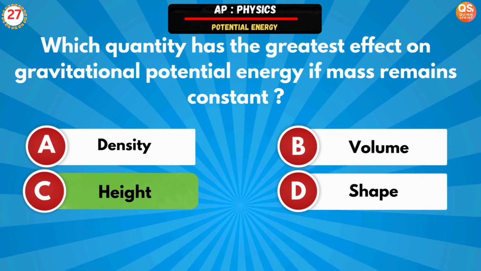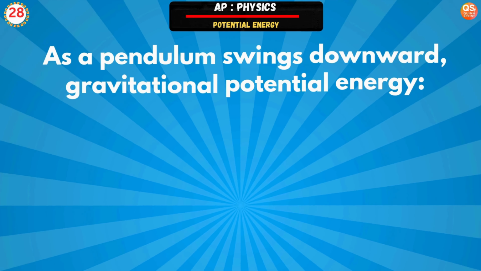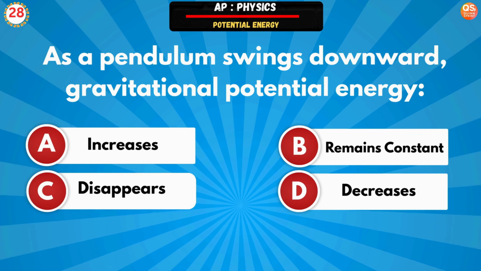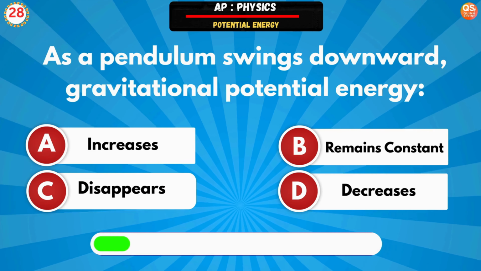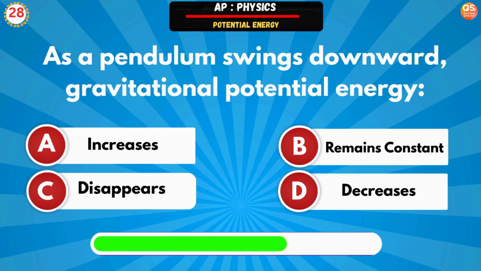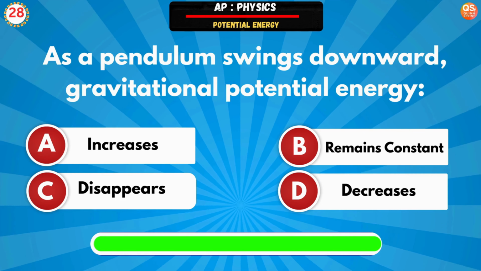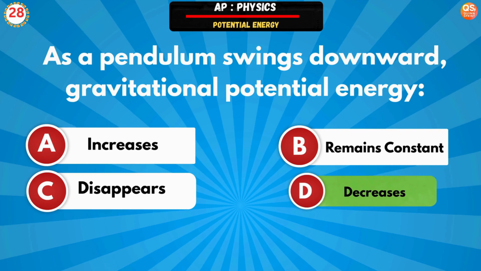Height. As a pendulum swings downward, gravitational potential energy decreases.